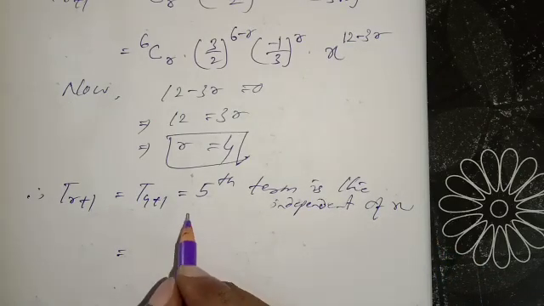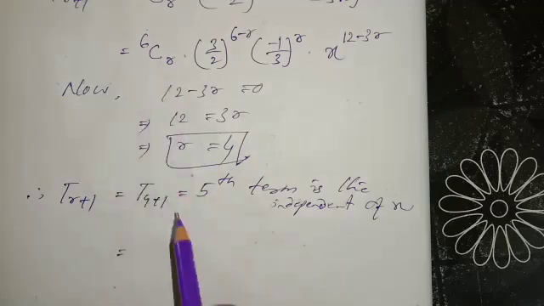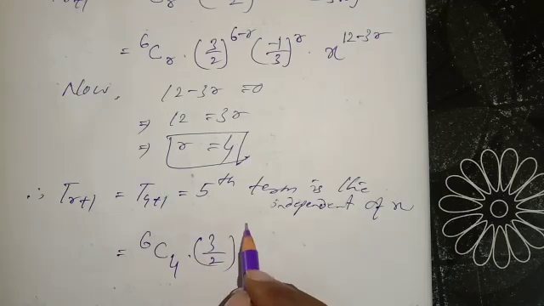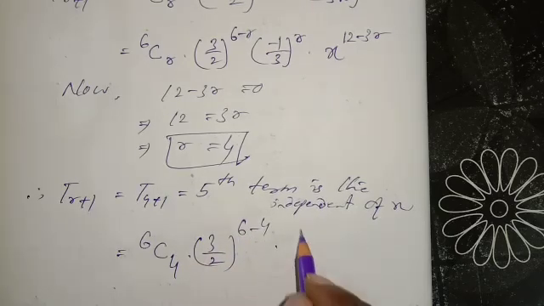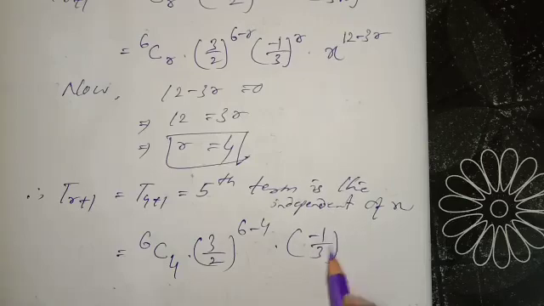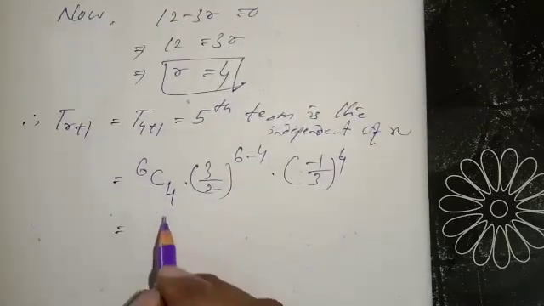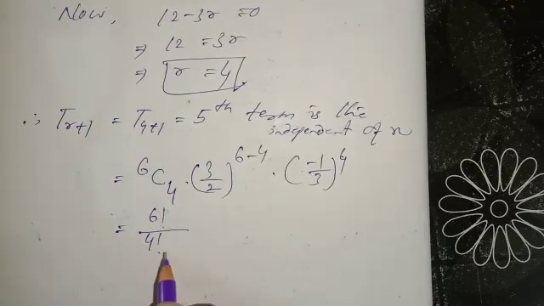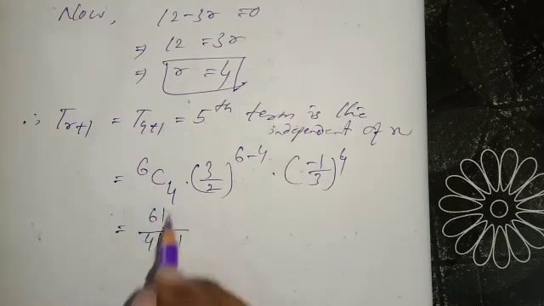Putting r equal to 4 here: 6C4 (3/2)^(6−4) (−1/3)^4. How will we break 6C4? By the combination formula, 6 factorial by 4 factorial and 2 factorial, for 6 minus 4.